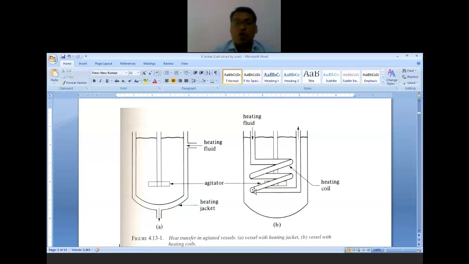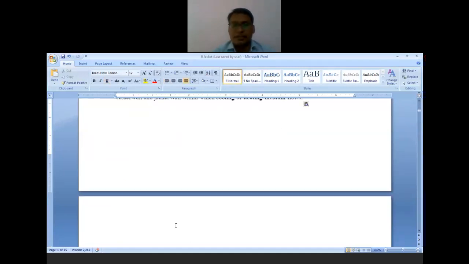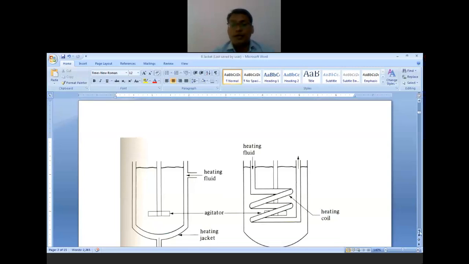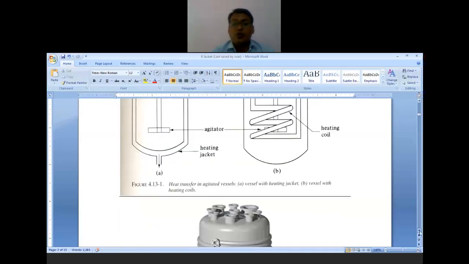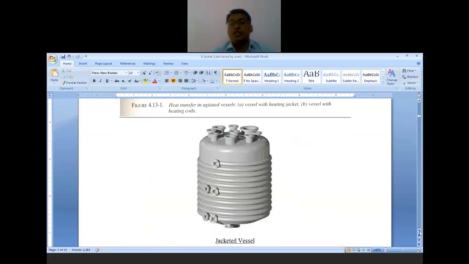That is the internal helical coils centrally situated and internal baffle coils situated on one side. Through these coils the heating fluid flows, and it is going to transfer heat to or absorb heat from the reaction material.